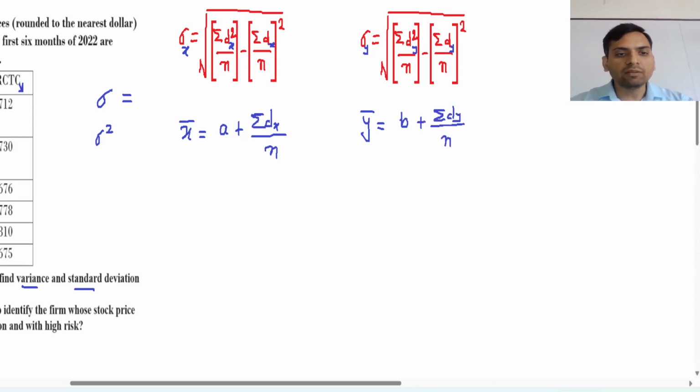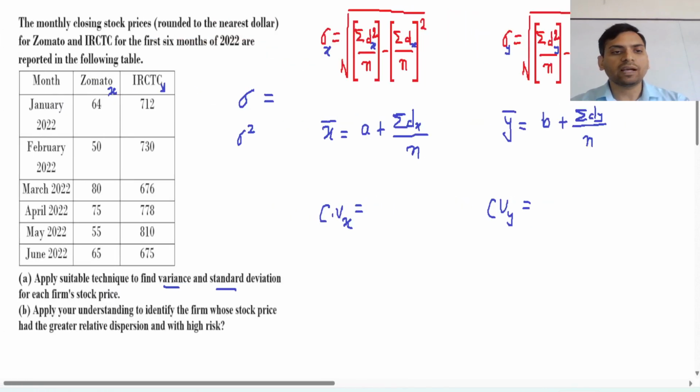For the second part we will find the coefficient of variation, CVX for the first and CVY for the second. Apply your understanding to identify the firm whose stock prices had greater relative dispersion. Greater relative dispersion means greater variance, and if the variance is high then the risk is also high.